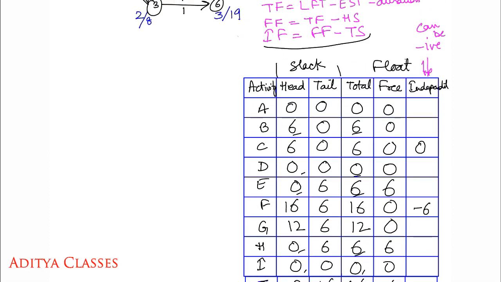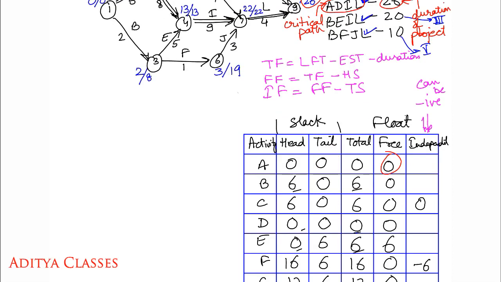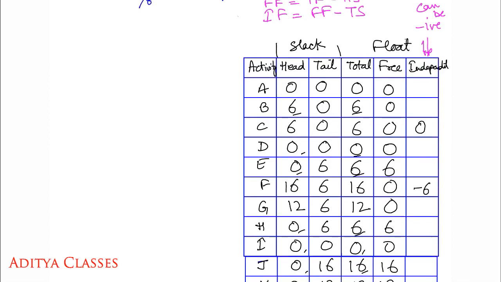Independent float again is very easy. It is simply free float minus tail slack. Free float we have over here, minus tail slack. 0 minus 0, 0 minus 0, 0 minus 0. 6 minus 6, 0.